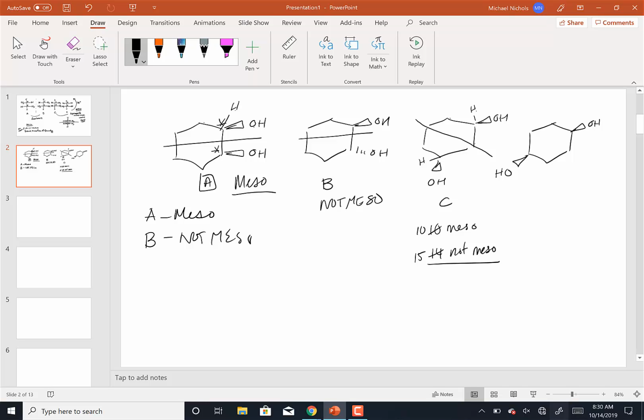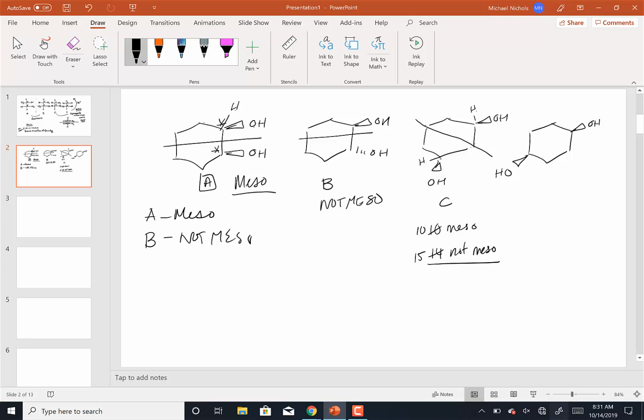CH2 versus C, not CH2. Going around the ring, if I end up in the same place, then those two groups would be the same. But in this case, CH2 is CH2, tie. Next one, CH2, not CH2. So I have 4 different groups attached to each one of those carbons. So they are chiral centers.